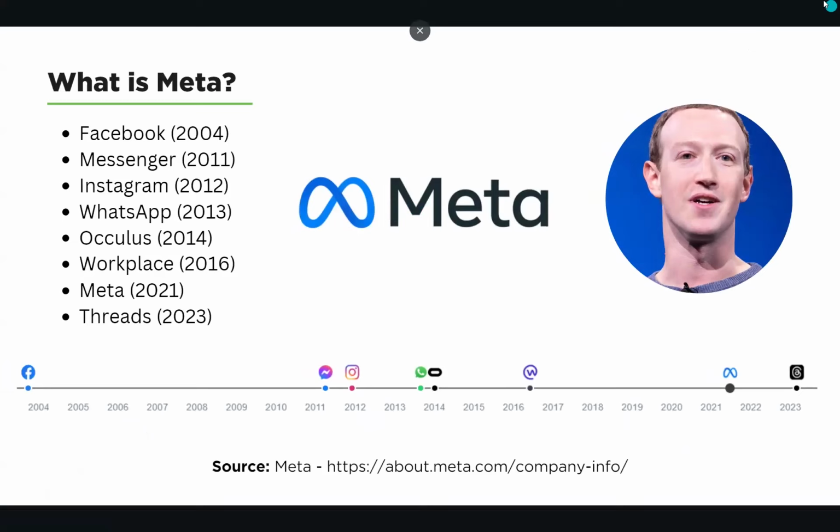So jumping straight in to answer the question, what is Meta? You may have heard of that before. You may be confused. You may know of Facebook and Instagram. So this slide gives us a high-level overview of the timeline from Facebook starting in 2004 all the way to 2023 with the latest release of Threads. That's the newest Meta social media platform.